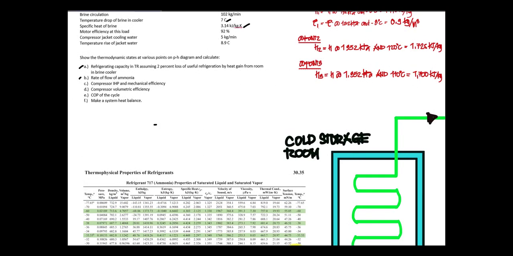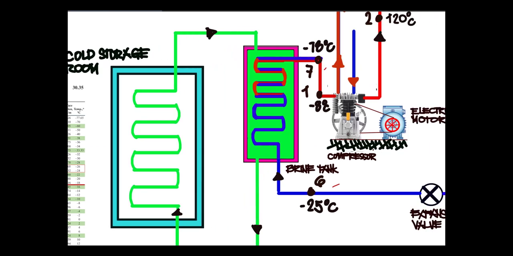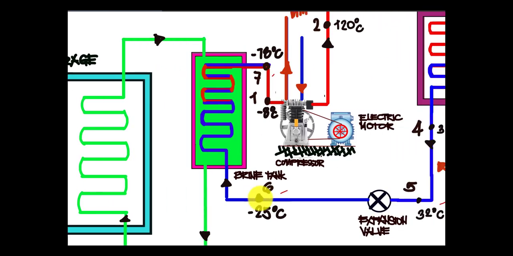Now for letter B, we need to find the rate of flow of ammonia. So remembering from the refrigerating capacity, for our evaporator, this is usually the energy balance or the mass balance of the mass flow rate entering from point 6 and leaving on point 7.